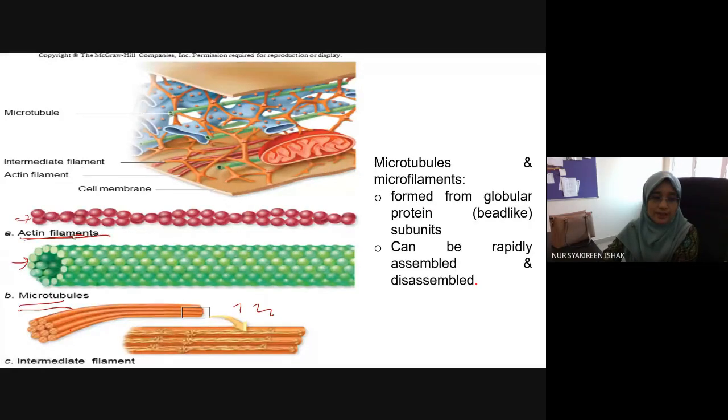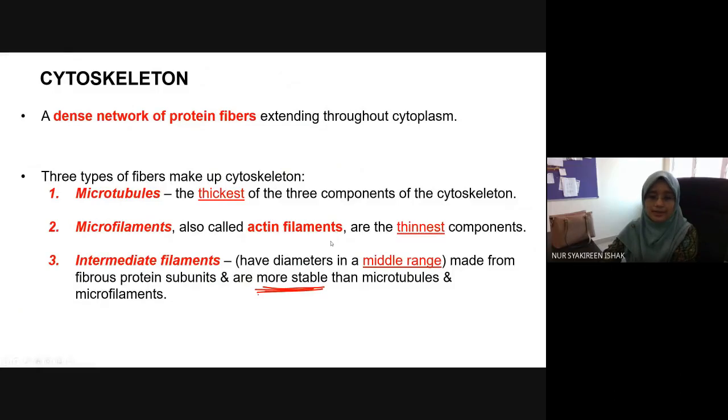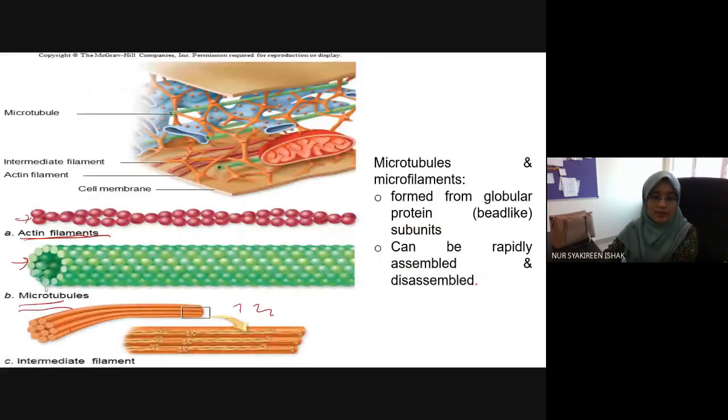So this is for actin filament. It has the thinnest diameter. And then for microtubule, thickest, and intermediate diameter. This one, intermediate, is made up of fibers, fibrous protein, long. Compared to that, microtubules and actin filament are made up of subunits of globular proteins.